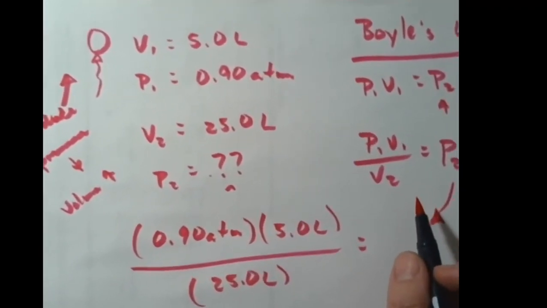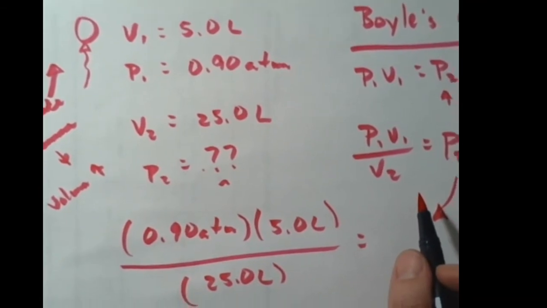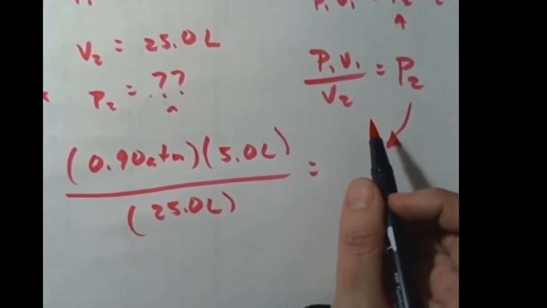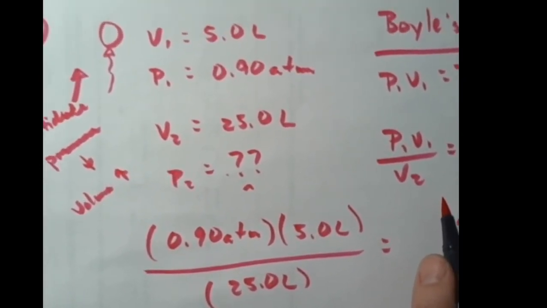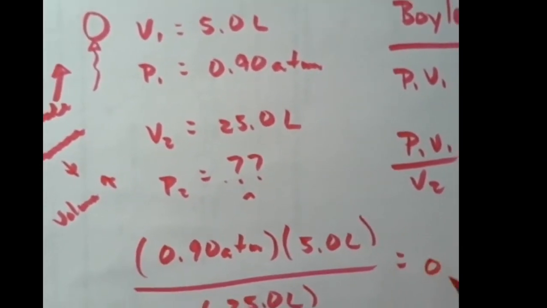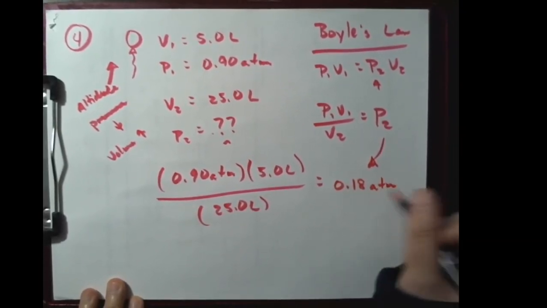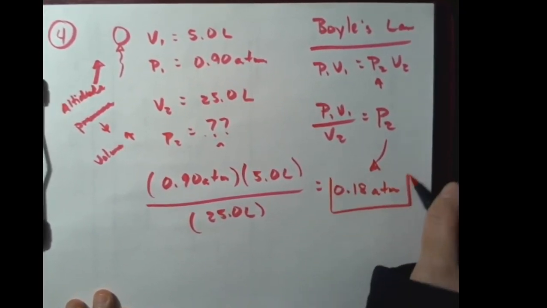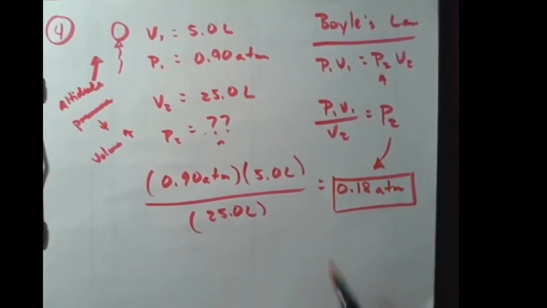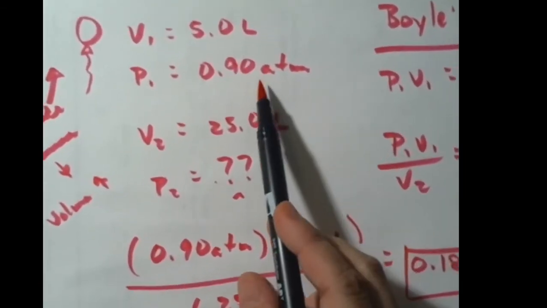Let's check. Okay, so our new atmospheric pressure is 0.18. And that makes sense, right? It went down from our initial.